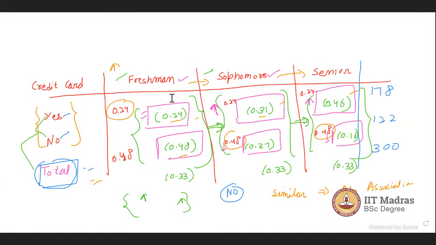Okay, sir, I understand. So when we say row level frequency, we are comparing the columns, correct? Yeah, you can take the first row as one set and the second row as the second set, and then you compare. And when we do a column level frequency, we are comparing the rows, correct?